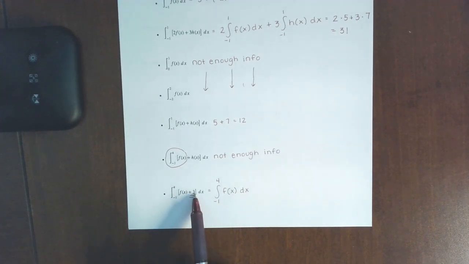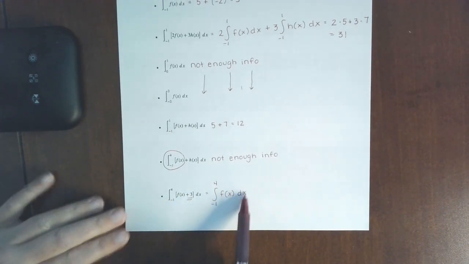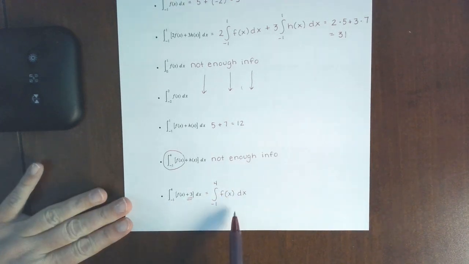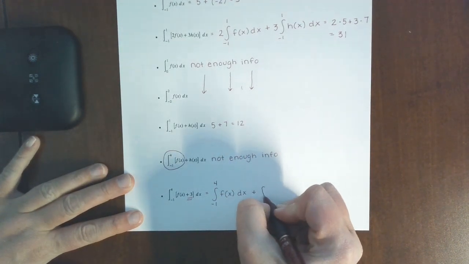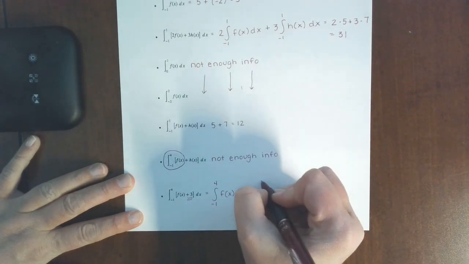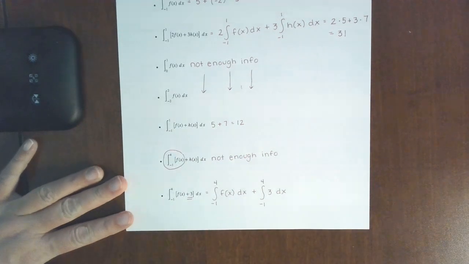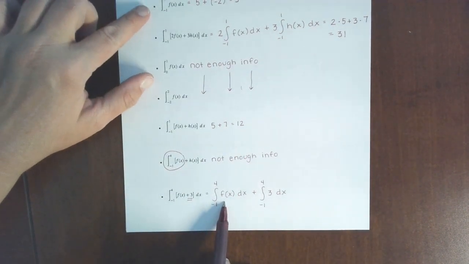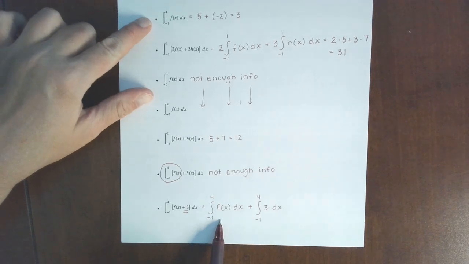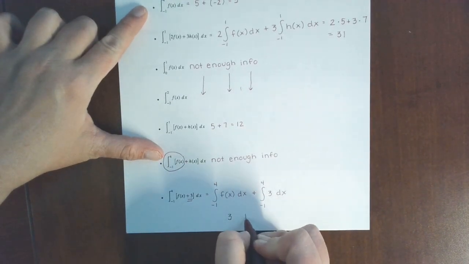Now, if that plus 3 was on the other side of the dx, then that's what that would be saying, that you would just find this interval and add 3 to it, which is the mistake I see that happens most often. But we have to make sure that we're integrating that 3 from -1 to 4, okay? So like I said, this is up here in the I think it's the second example here, from -1 to 4. We already know that that area is 3, okay?